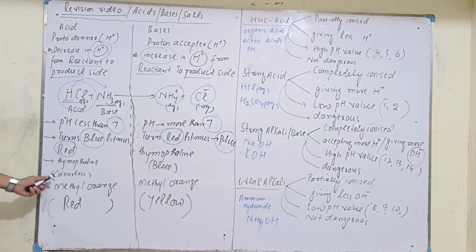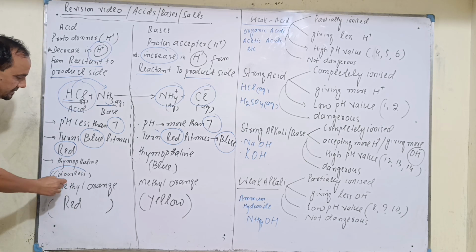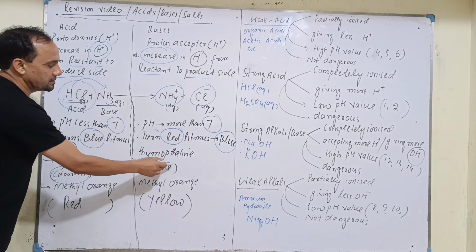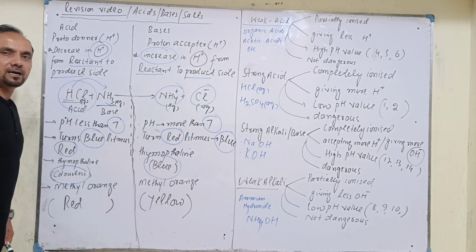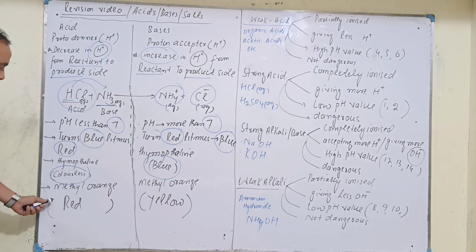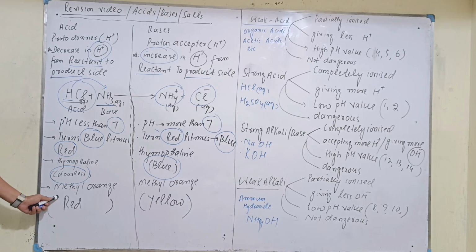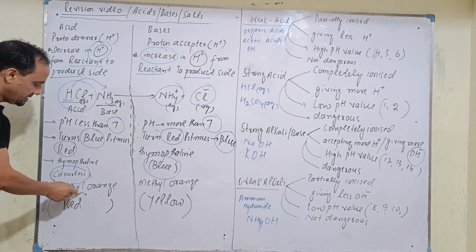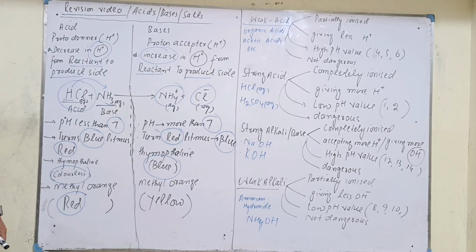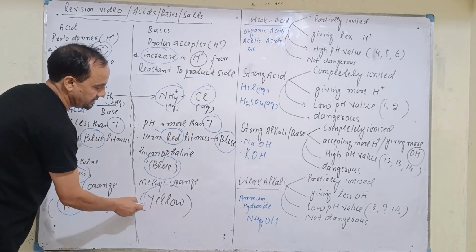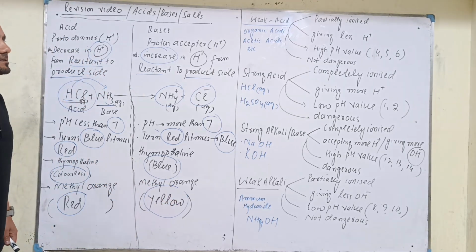The second is thymolphthalein. This is the new indicator added in your syllabus. It is colorless in acid and it is blue in alkalis or bases. The next one is methyl orange. This is another indicator. It turns red in acid and it turns yellow in alkalis.